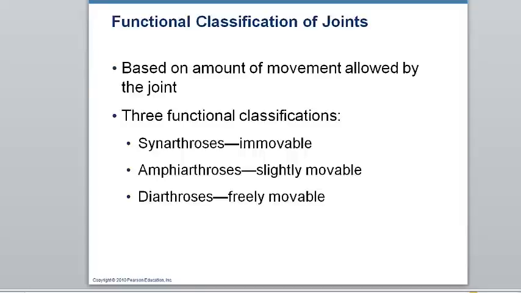It's pretty much like that. Amphiarthrosis, slightly movable. Sometimes it's immovable, sometimes it's mobile. The last one is a freely movable joint, which is found in most of the joints in our body. It's called diarthrosis. Diarthrosis is a freely movable joint in our body.